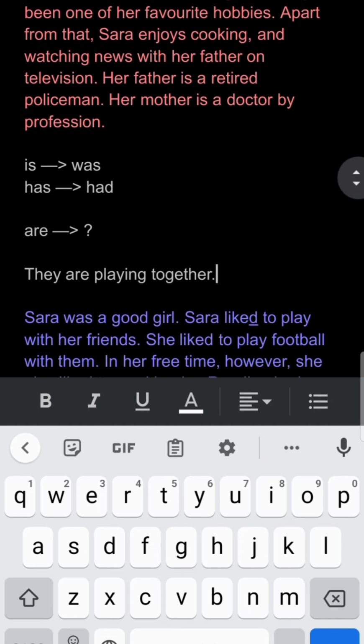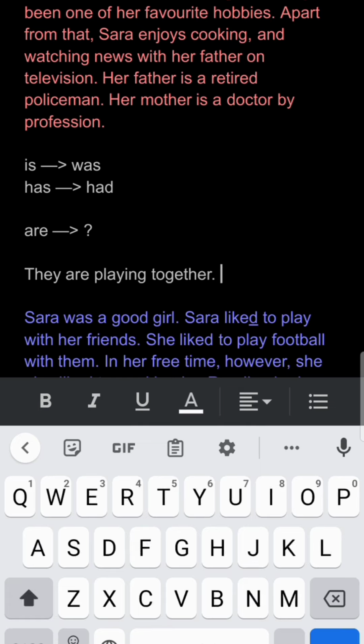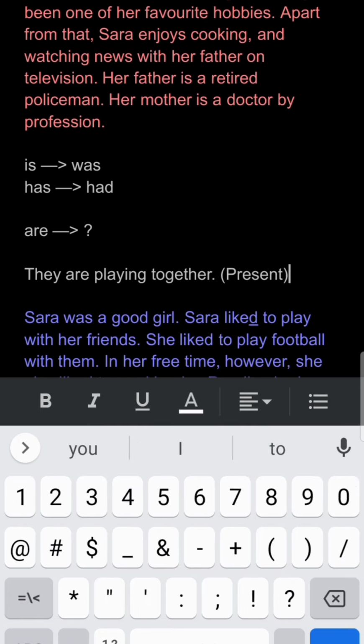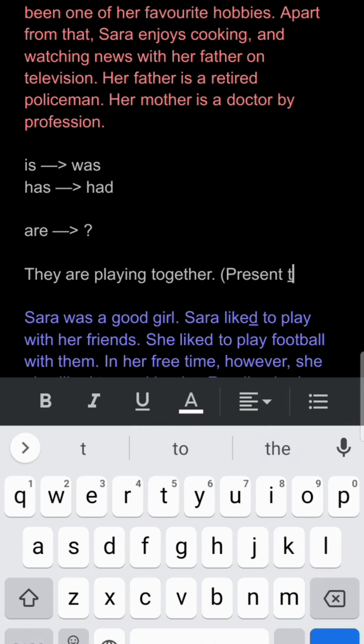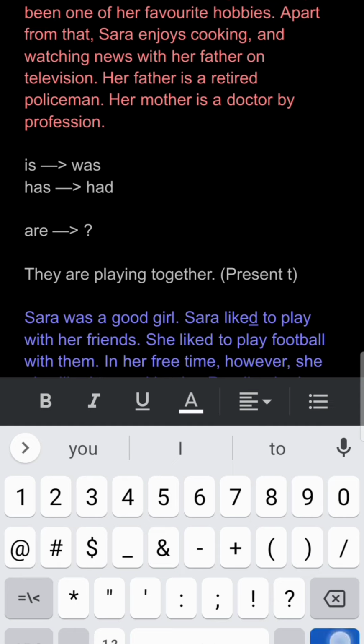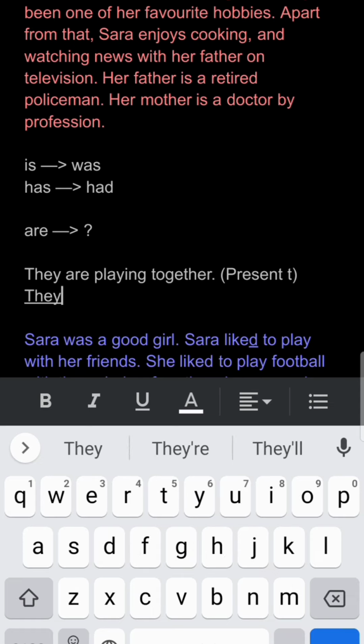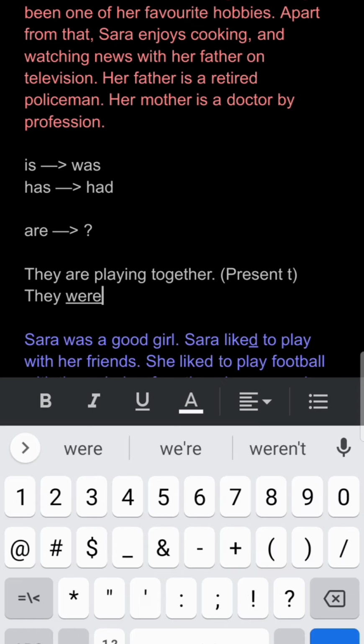So, they are playing together is in present tense, and what we could do is change this present tense into past. So that would become, they, can you guess? Were.